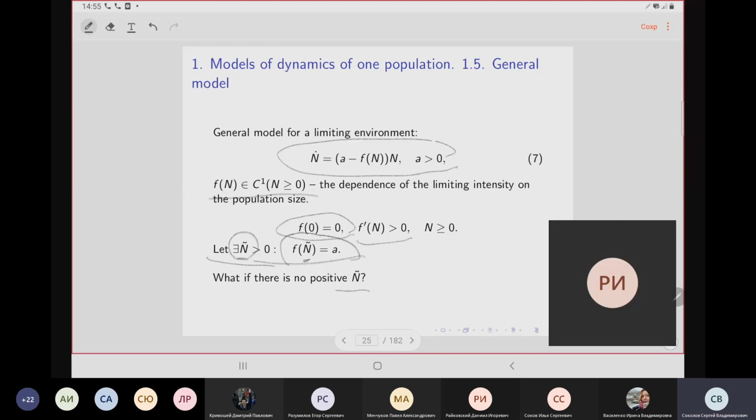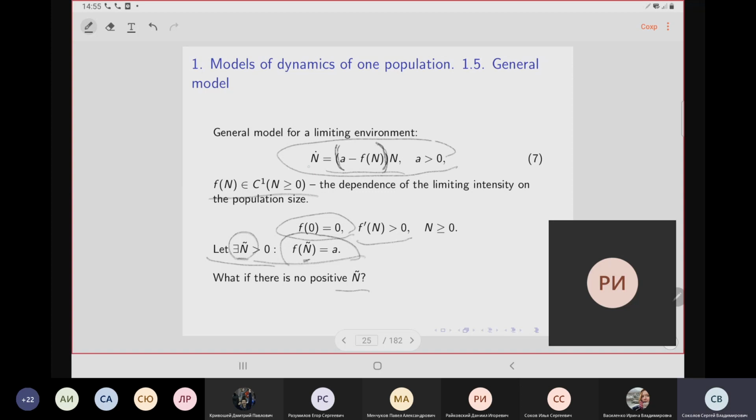Well, let us consider the right-hand side of equation 7. If f of n never reaches a, the quantity will remain positive. The quantity remaining positive means that the population number is always growing.